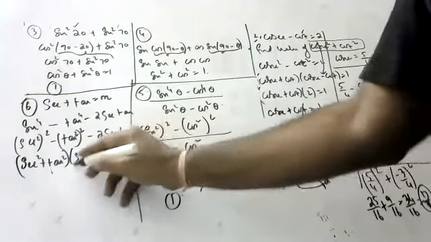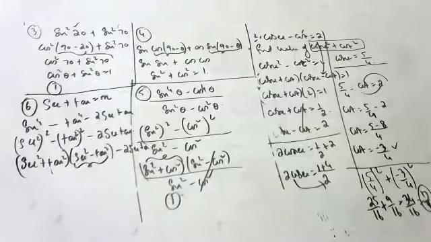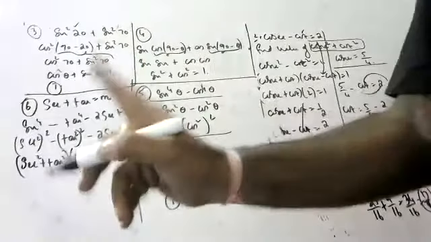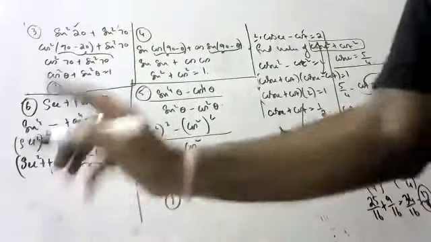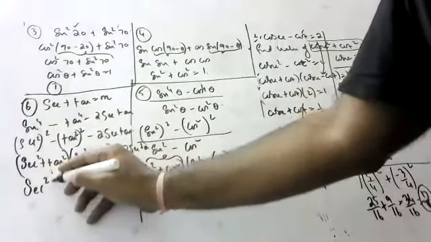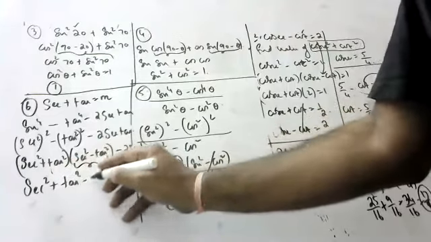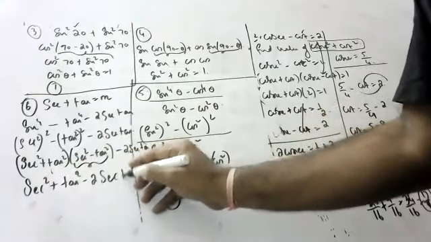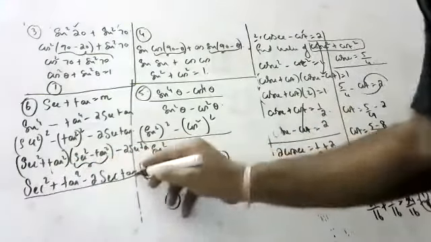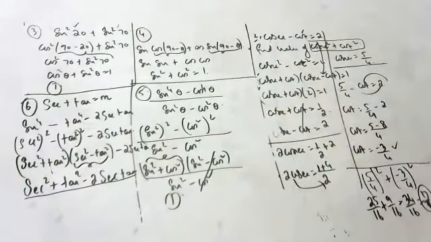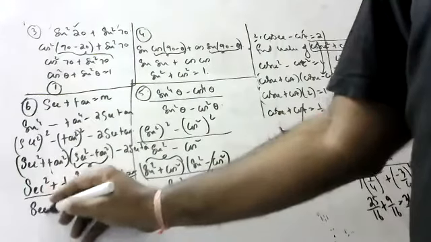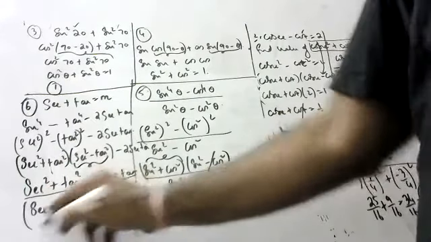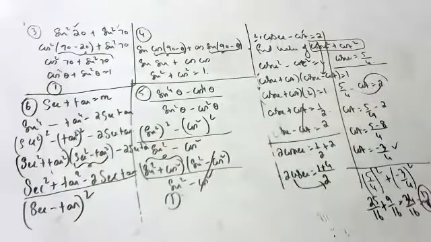Secant square minus tan square is 1, so what is left over is secant square plus tan square minus 2 secant tan. What we can write this as a square plus b square minus 2ab, that is, (secant minus tan) whole square.